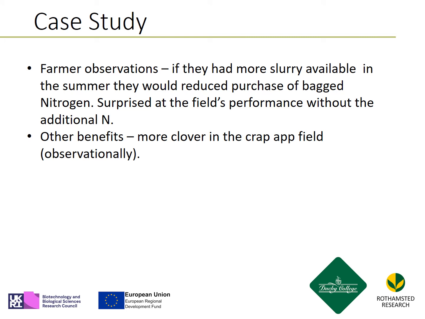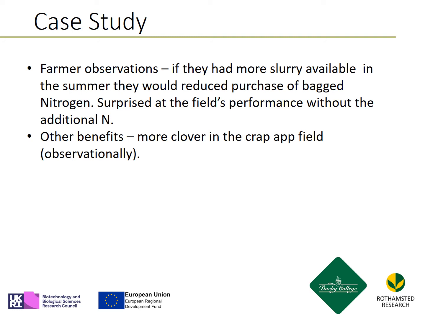And they made some farmer observations at Dutchy College, and they said that they would have used more slurry if it were available instead of utilising bagged fertiliser, and utilise the slurry that they had built up over the winter as a valuable resource and use that to fertilise the crop rather than bagged fertiliser.